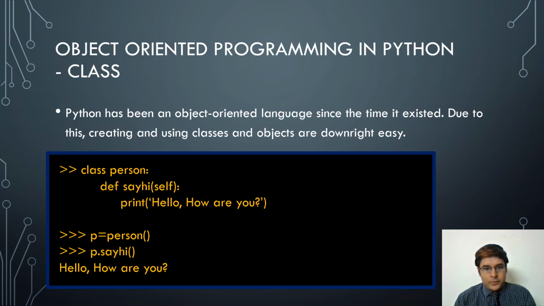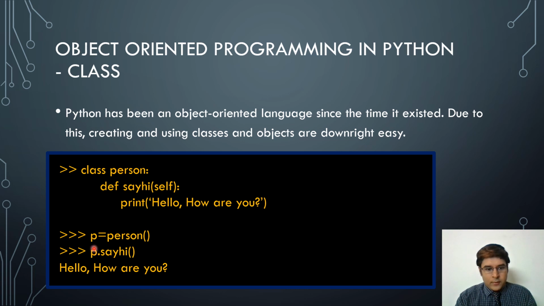Now we shall see object-oriented programming features in Python, specifically the class. Python has been an object-oriented language since the time it existed. Due to this, creating and using classes and objects is downright easy. So we have this class, the class name is Person, and it has a say hi function here as the method in this class.